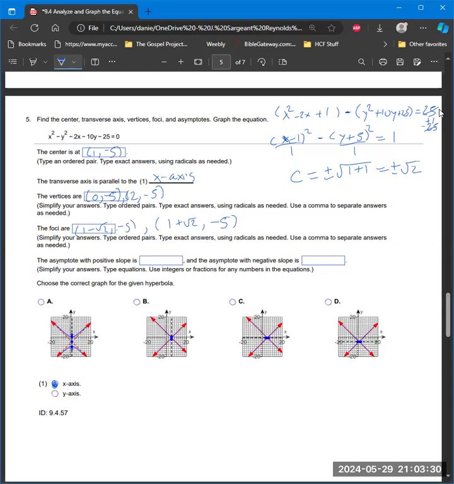Asymptotes here, it's going to require a little bit of work for me. y + 5 equals plus or minus 1 times (x − 1). So let's split those up here. y + 5 equals x − 1, sorry, minus 1.